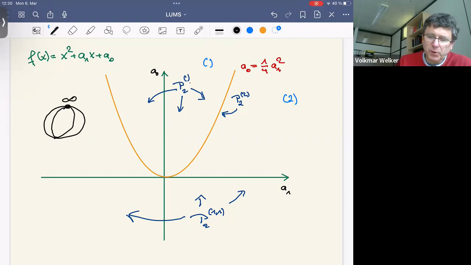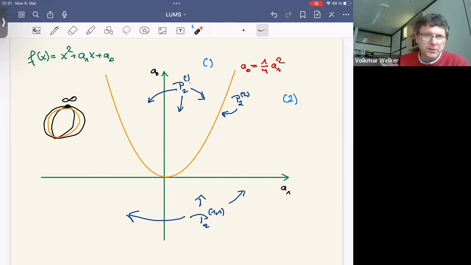Somewhere here you have the point at infinity, and then you have the parabola together with the point at infinity being an S1, and then they separate the sphere into 2 hemispheres corresponding to the 2 strata here and here.